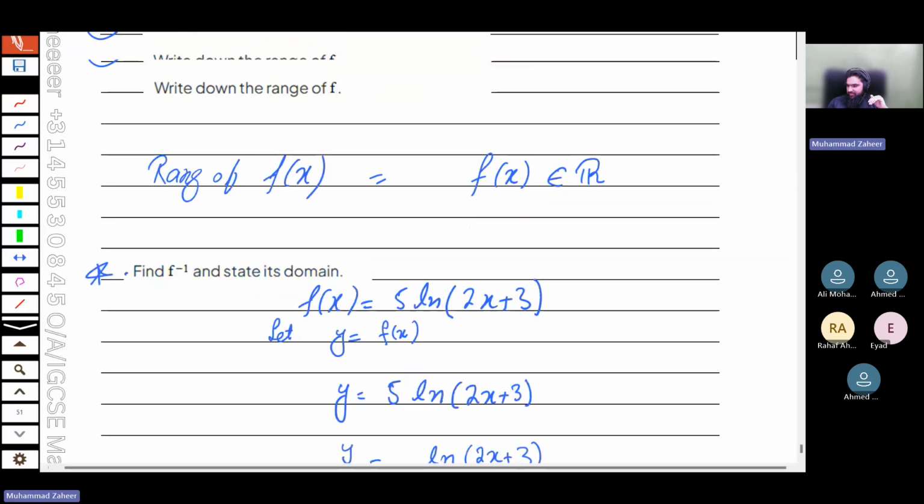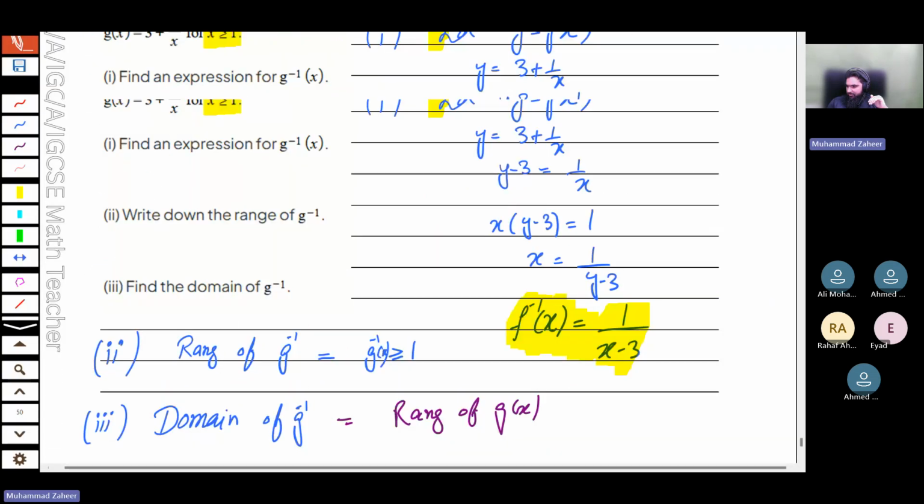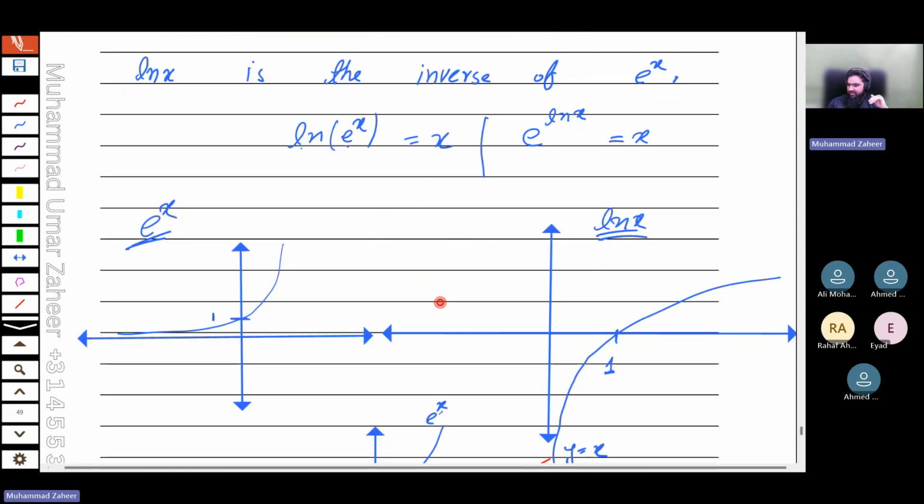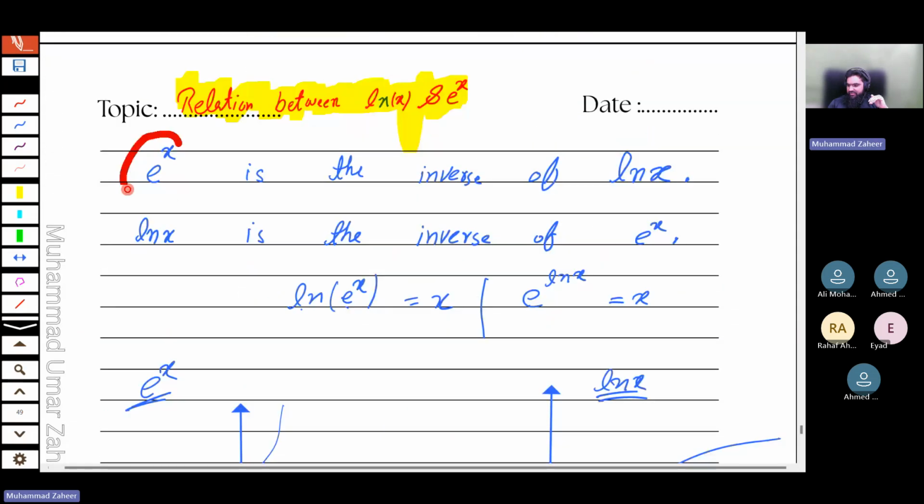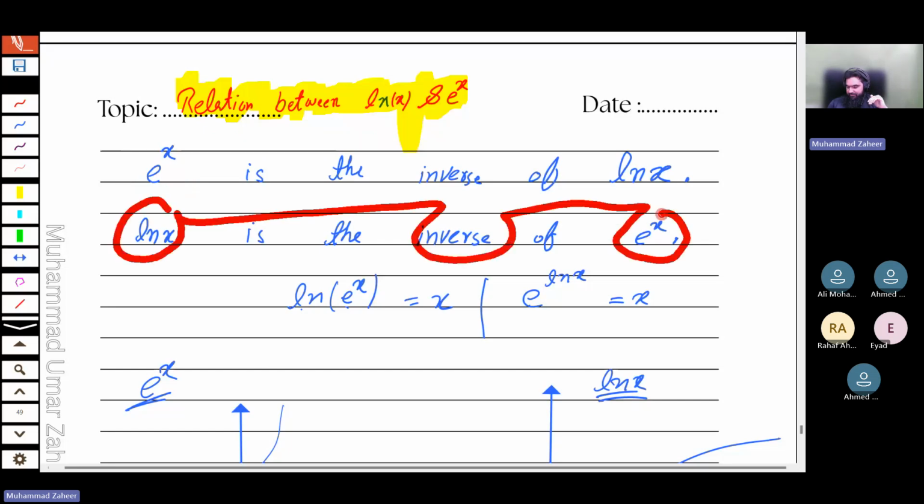In the previous session, I told you the exponential is basically the inverse of natural log, and natural log is the inverse of exponential.